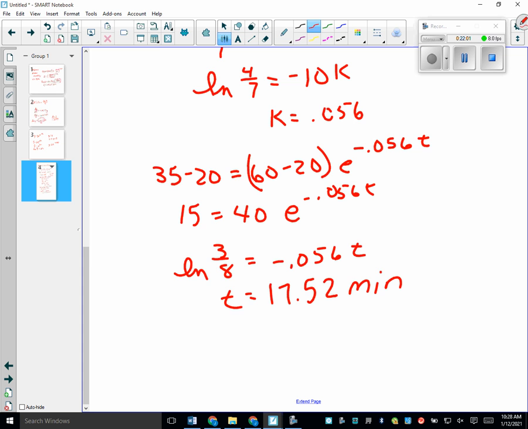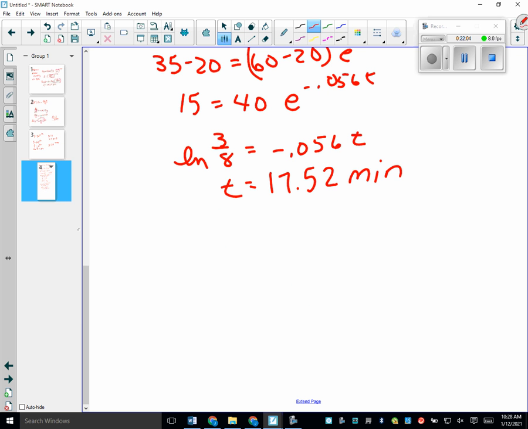So I go back to my formula, right? 35 plus 15 equals 90 plus 15 e to the negative 0.056 t. Because once I found K, that is just exclusive to that soup. That soup will always cool at that K value.